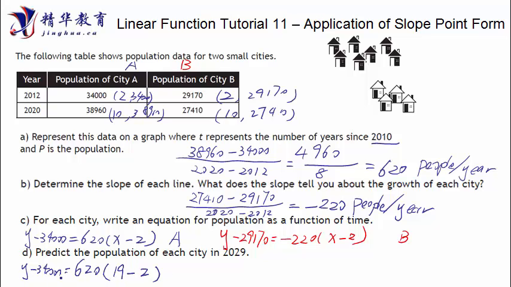And then we easily find out what y equals: 620 times 17 plus 34,000, which is equal to 44,540. That means continuing this trend, after 19 years since 2010, city A's population is going to be 44,540 people.